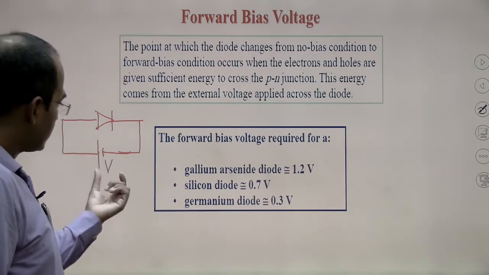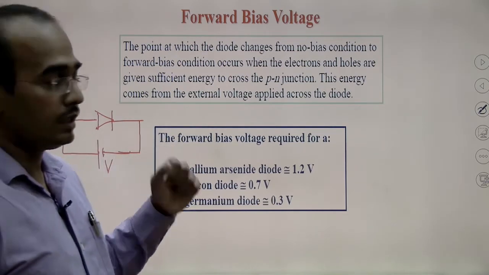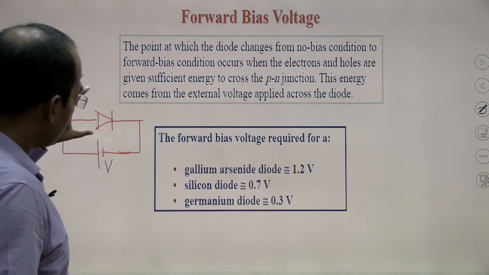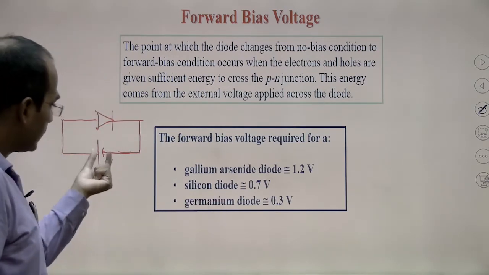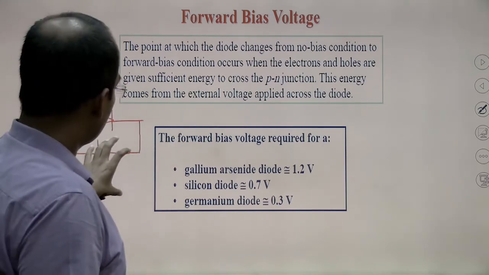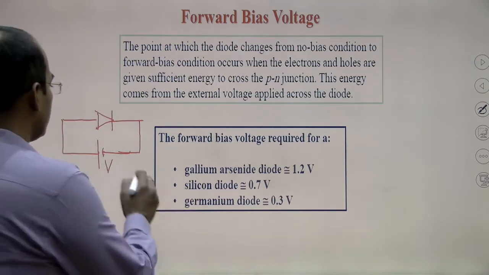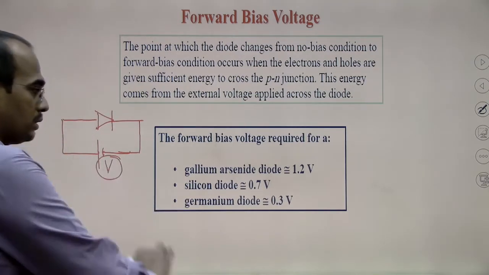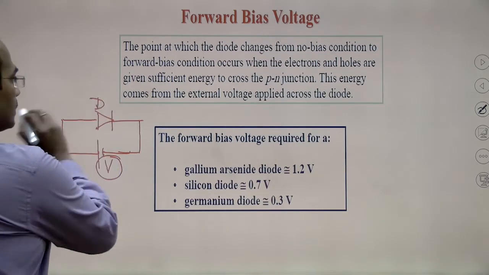It is not necessary that by making such a connection the diode will conduct. The diode will conduct if and only if the applied voltage, the external or biasing voltage, is connected in such a manner. The second condition is that the applied voltage should cross the cut-in potential of the diode used.